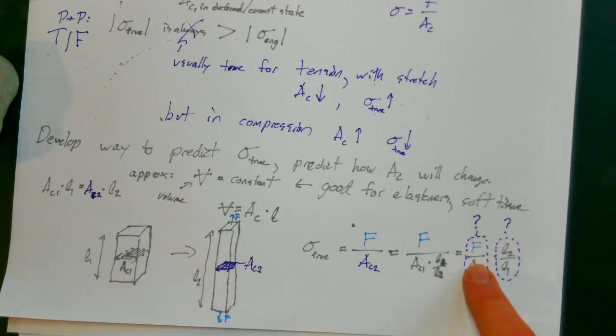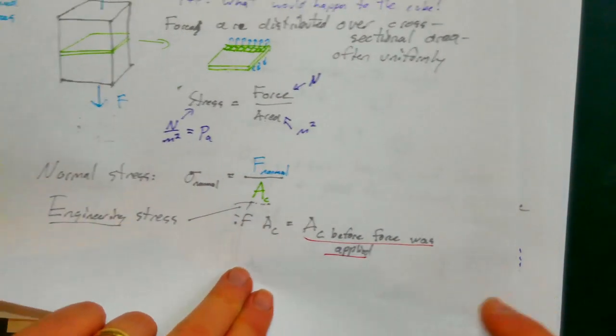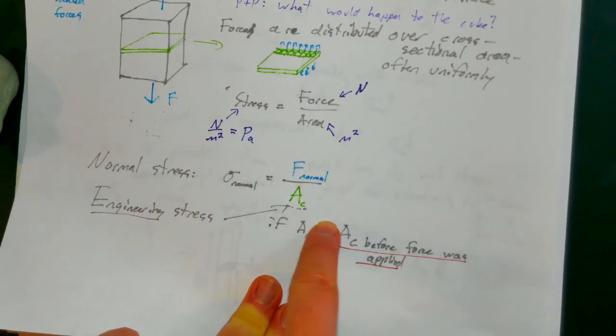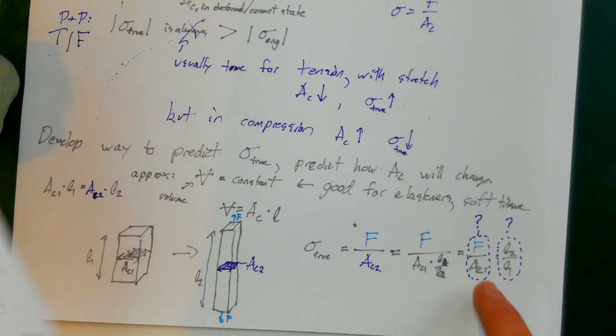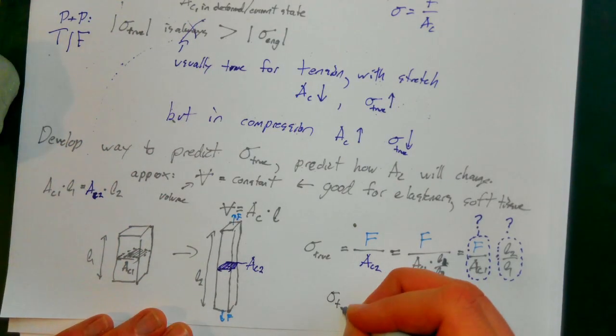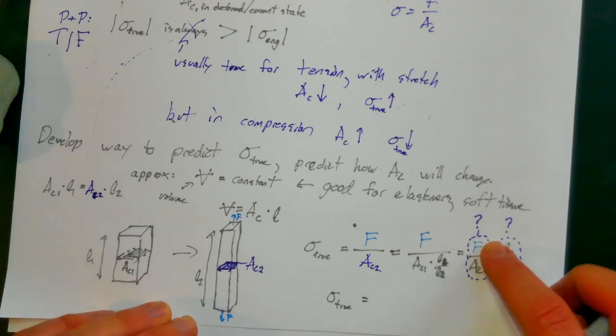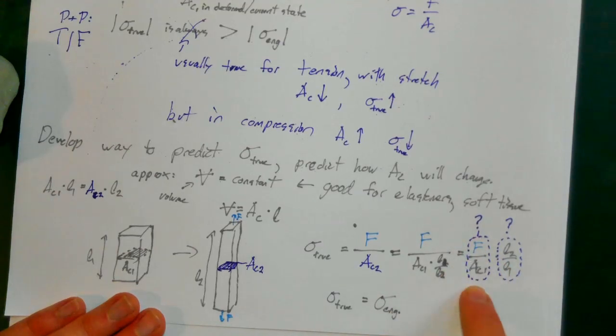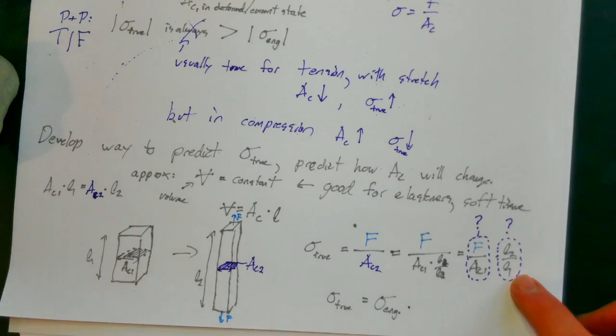Well, this first quantity is actually just the normal stress, the force divided by whatever the cross-sectional area was before that force was applied. So true stress is equal to engineering stress, but times L2 over L1.